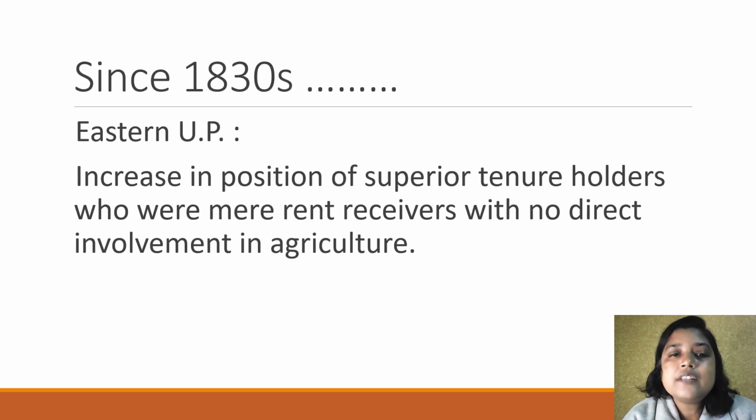Since the 1830s, the situation changed in both Eastern UP and Western UP. In Eastern UP, since the 1830s, we see the increase in the position of the superior tenure holders who were mere rent receivers with no direct involvement in agriculture.